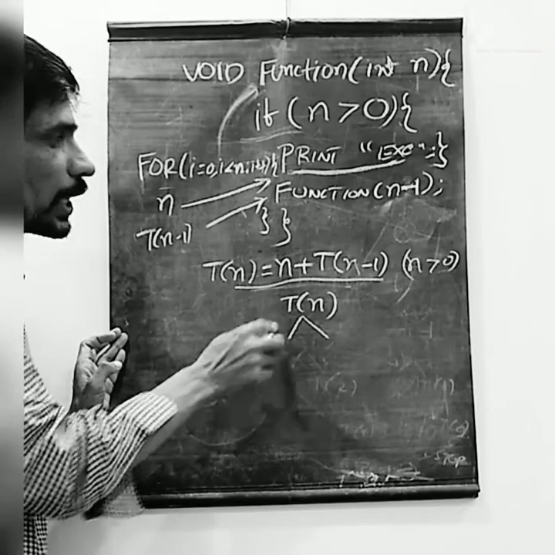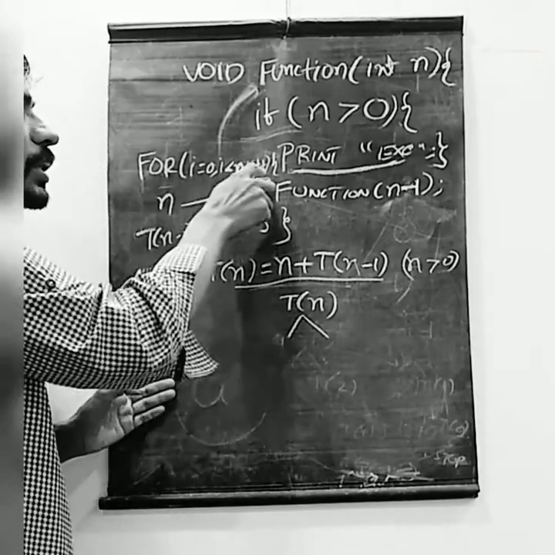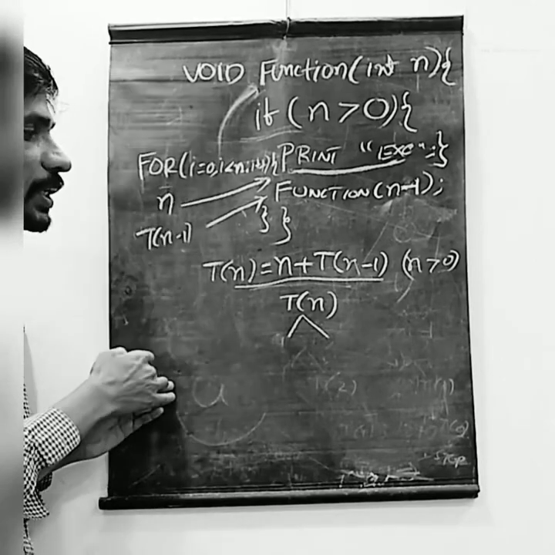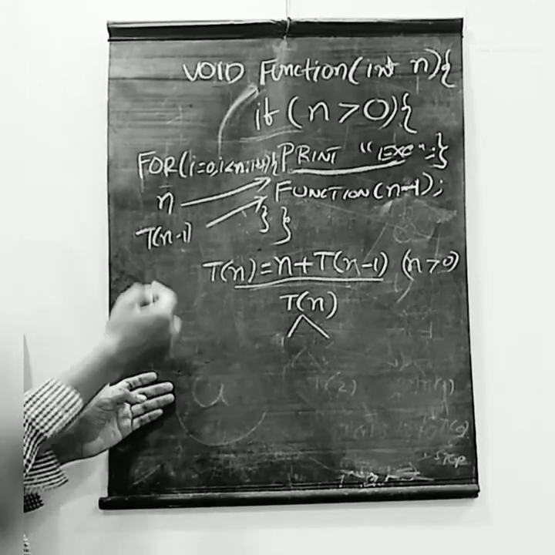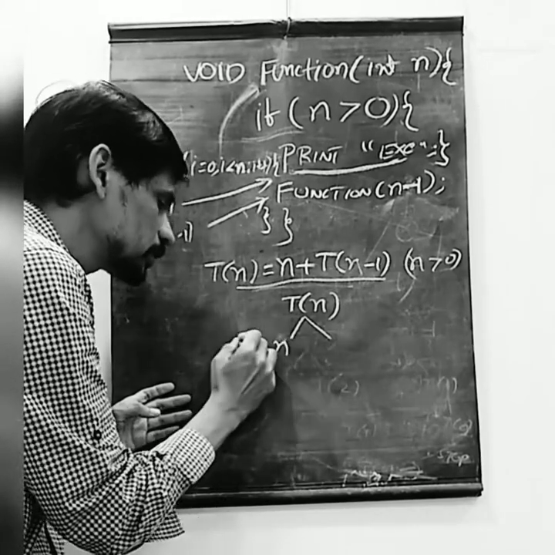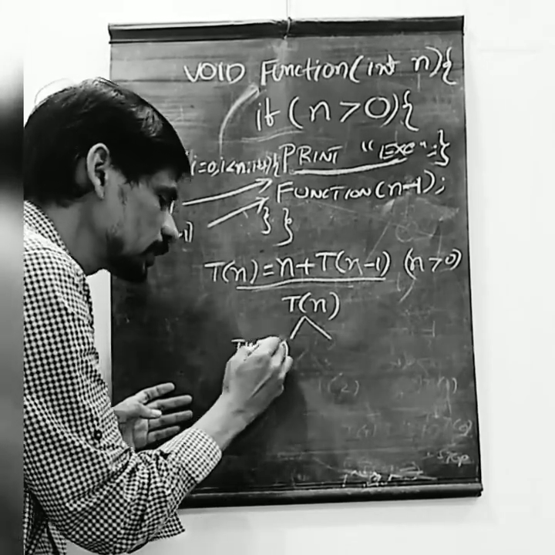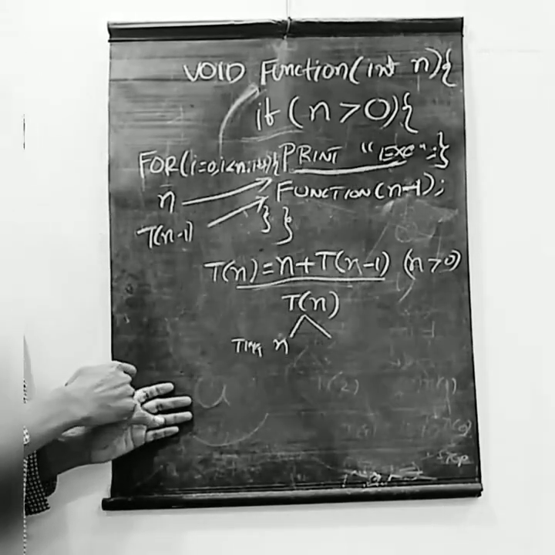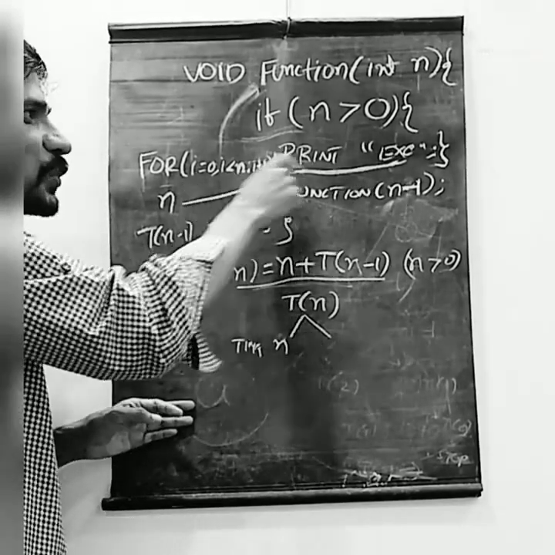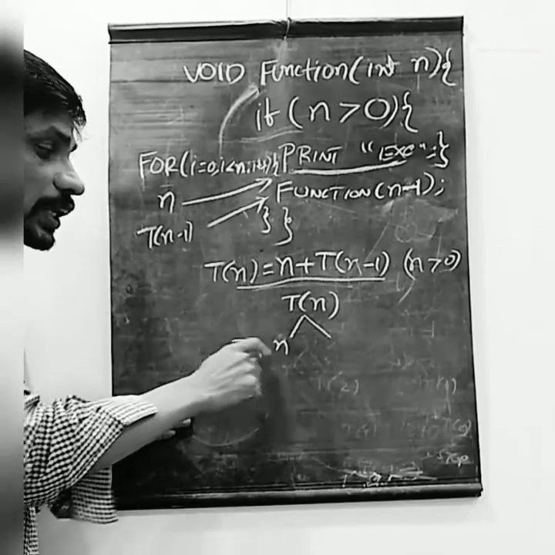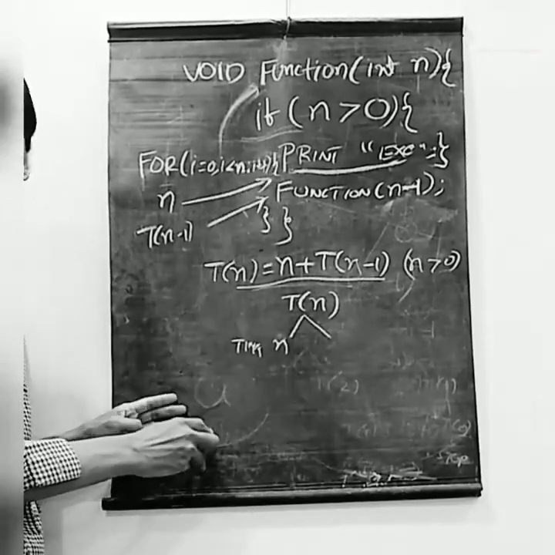But now I can't, because there is a for loop, and this requires n amount of time. So n times we will print this statement. Previously it was 1, but now n times.